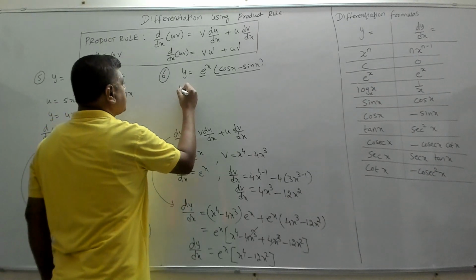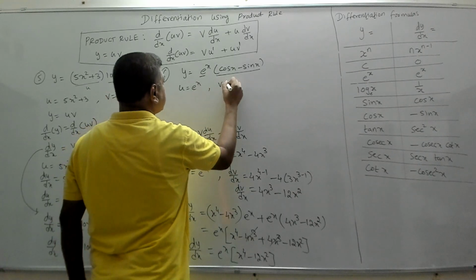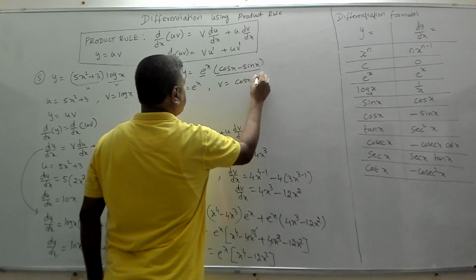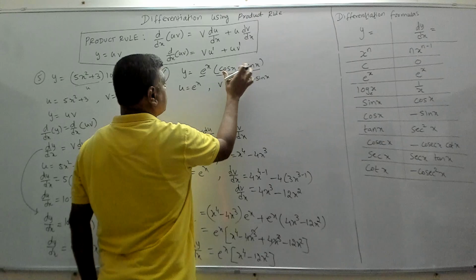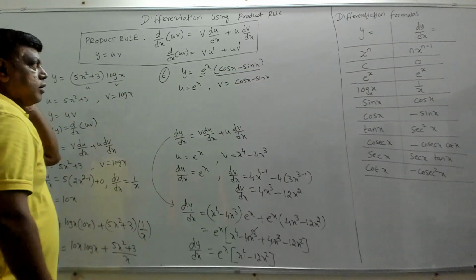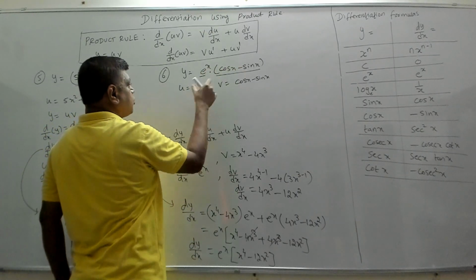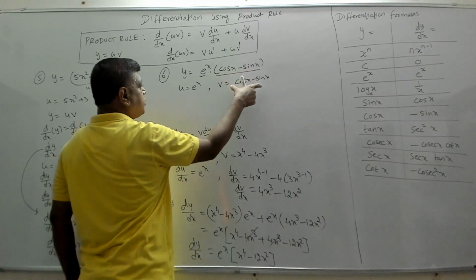Our u is e power x. We can take anything as u, anything as v. Then v is cos x minus sin x. This whole thing is one function. Don't think we are taking only part of it. So product multiplication, this into this. First function is u, second function is v.